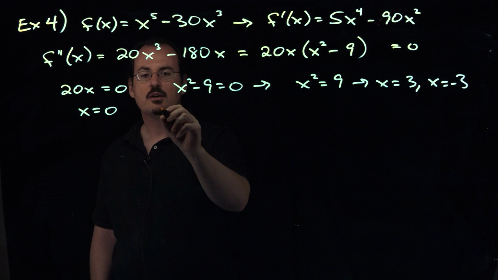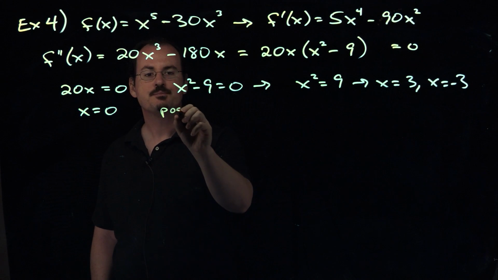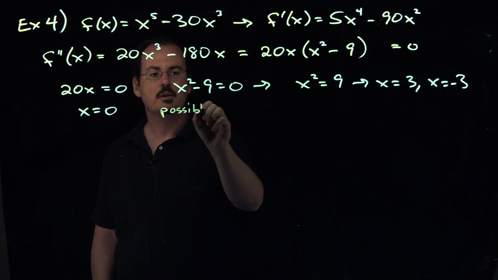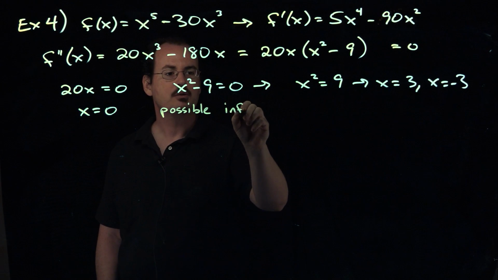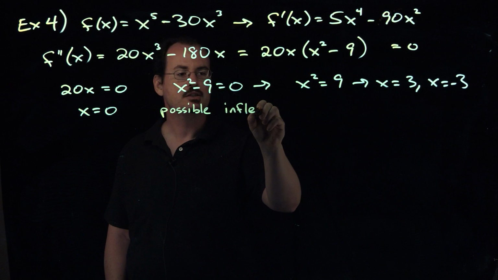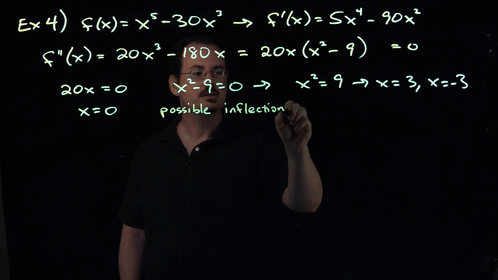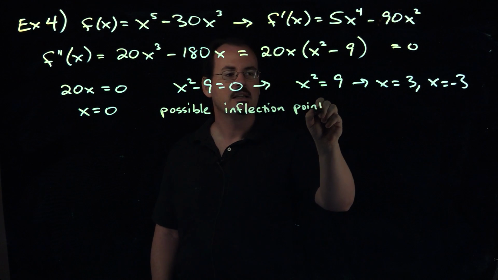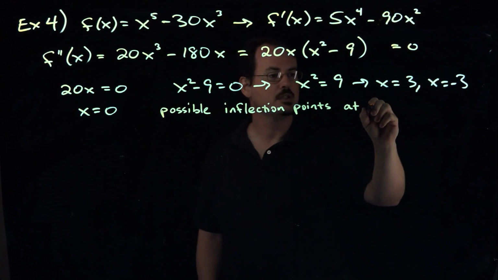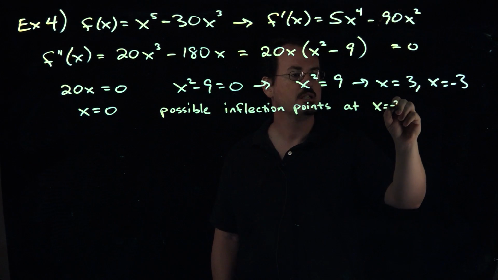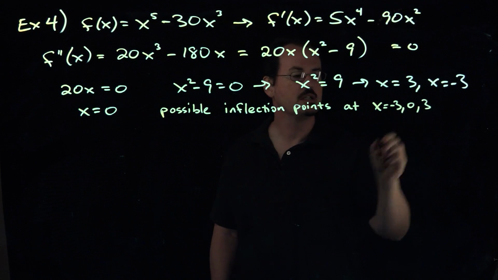What we call these are possible inflection points. And if you've read the section about this, inflection points are where the concavity of a function changes. So these are possible inflection points, and they occur at x equals minus 3, 0, and 3.